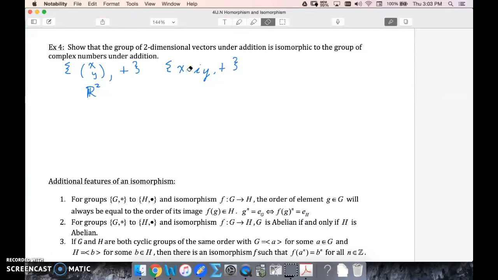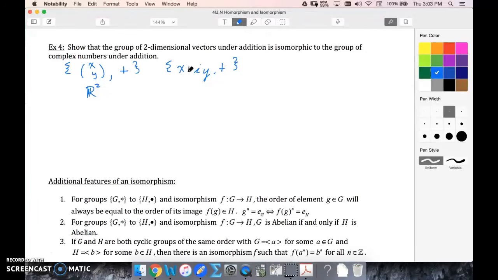So this is our complex numbers. And we know that we want to have some sort of function that's going to take our real number squared and map it into our complex numbers. So we don't need to actually define what our function is.